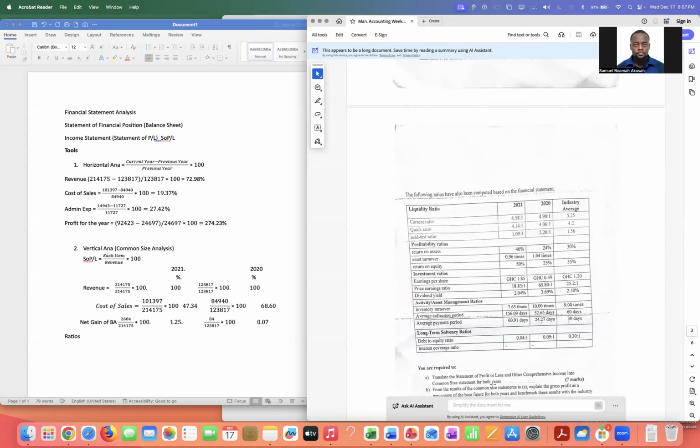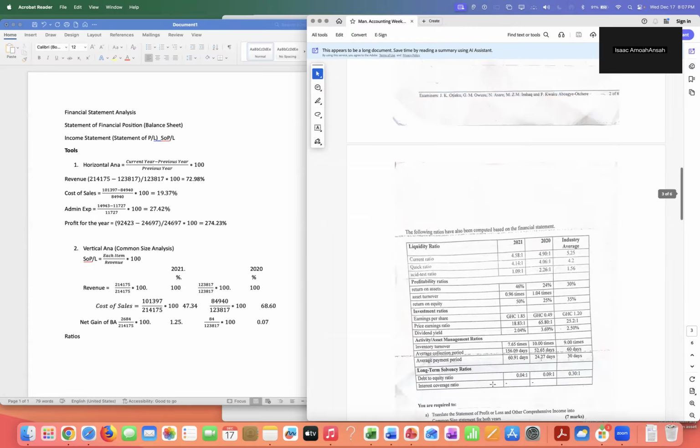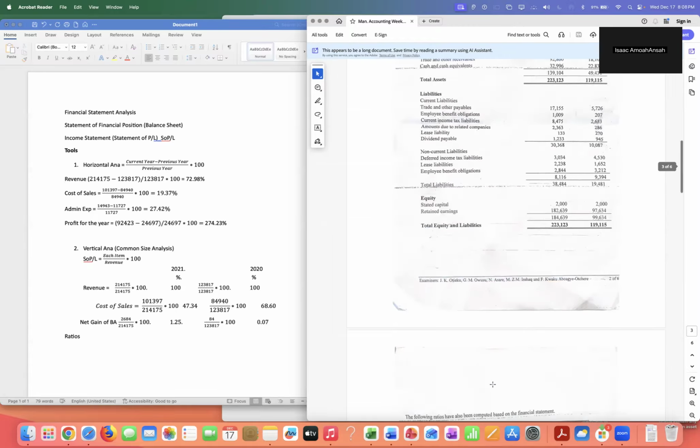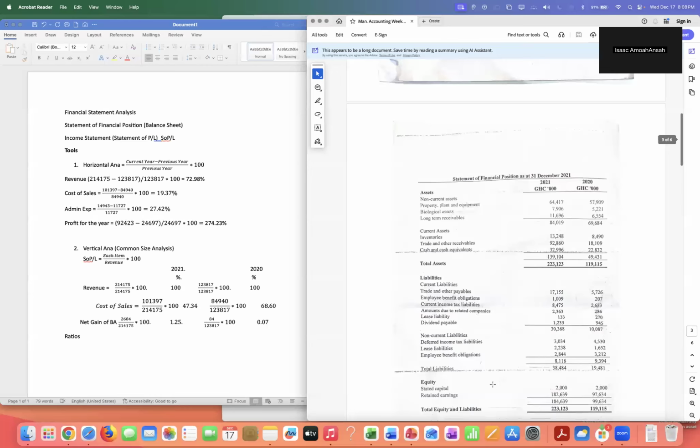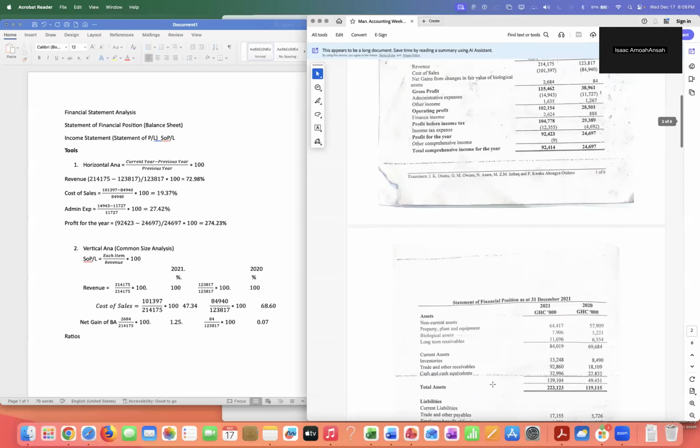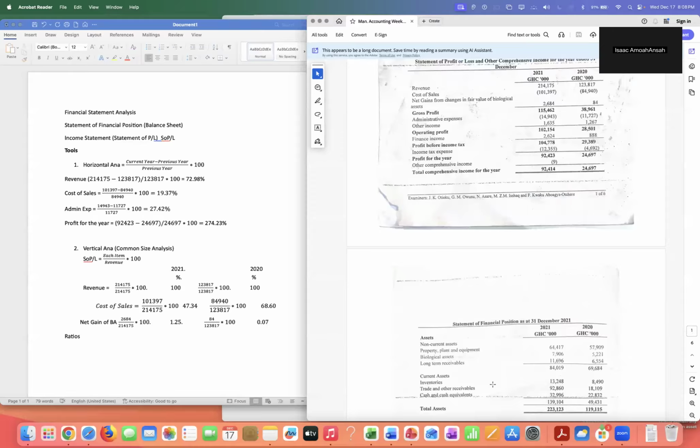So in this question, the examiner was asking you to perform a common size analysis with your statement of profit or loss and other comprehensive income. Because it's a specific question, you have to work out everything from revenue to the last item on that list of statements, right?